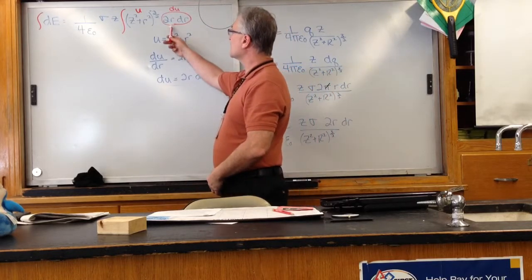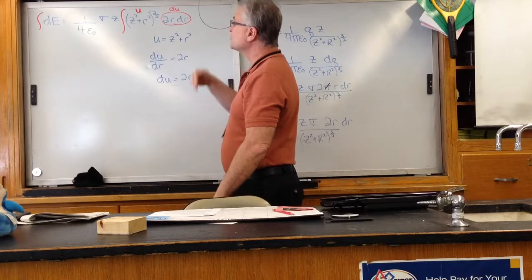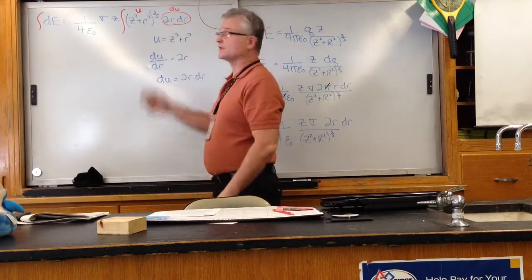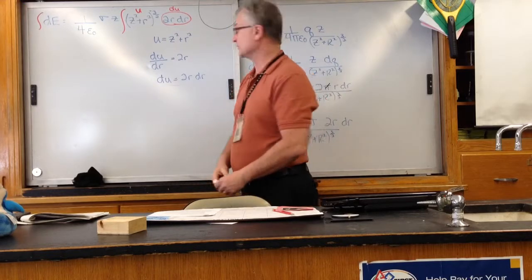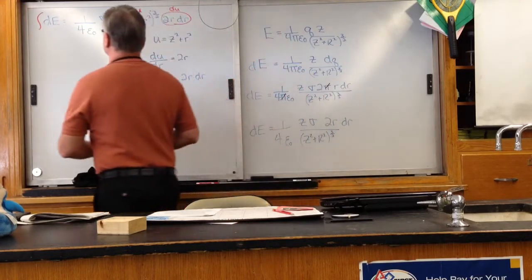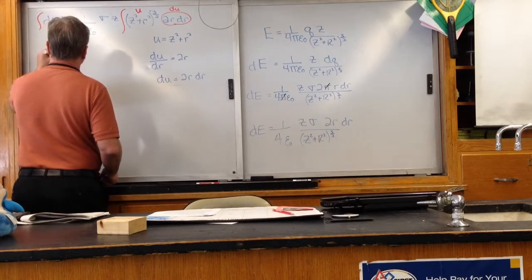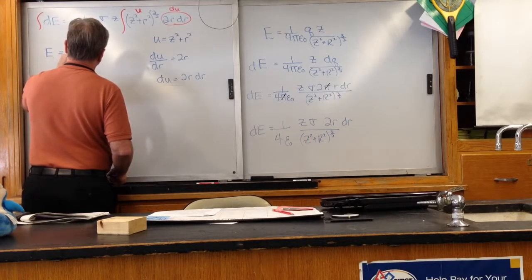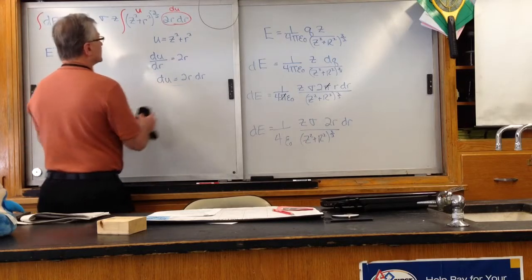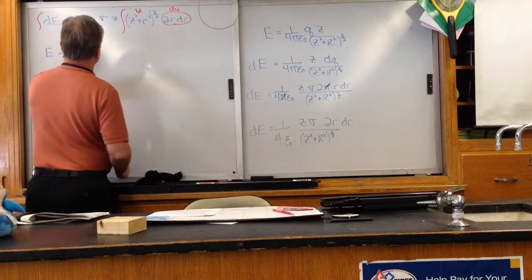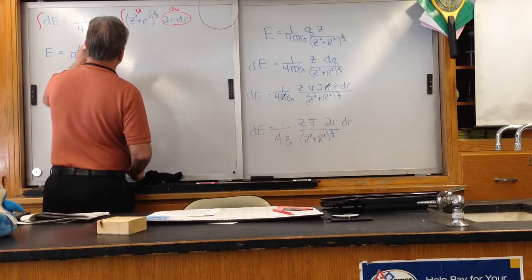By leaving the 2r out here, we would have had to put that back in and reinsert it to get the integration to work, but I just left it in that form originally, trying to be a little slick about it. Okay, so when we look at this, we now know that the electric field strength is going to end up being 1 over 4 epsilon naught, and let me clean that up a little bit there. All right, and then we have sigma, we've got z.